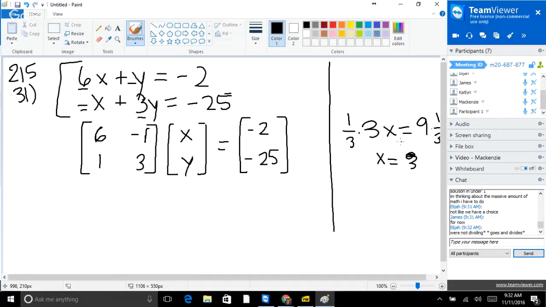Another way to write an inverse is 3 to the -1 power. Have you ever seen that before? Maybe on your calculator. This means the same as 1/3. So it's multiplying by the inverse.